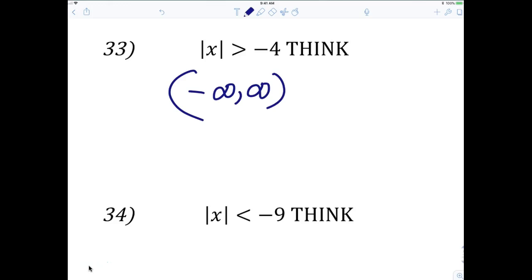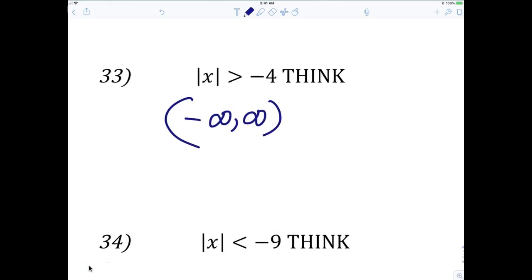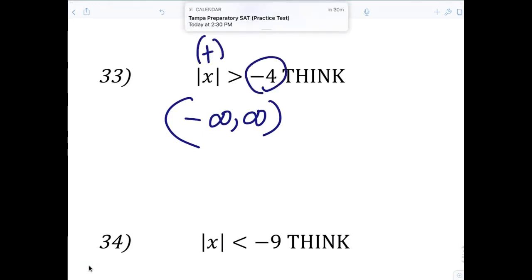Anytime you take the absolute value of a number, it's always going to be positive. So the question is, if this is always positive and this is negative, positive is always greater than a negative. So it doesn't matter what value of x you put in.